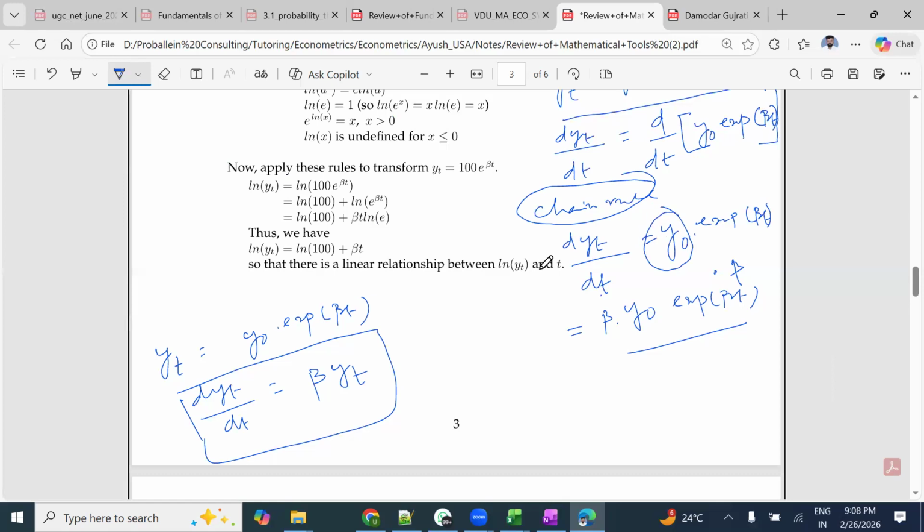Why not into exponent of beta t? Till here it is clear, right, Ajay? Yes, sir. Then you are not getting how we got it. I got it, sir, due to application of the chain rule, but there are some complications.